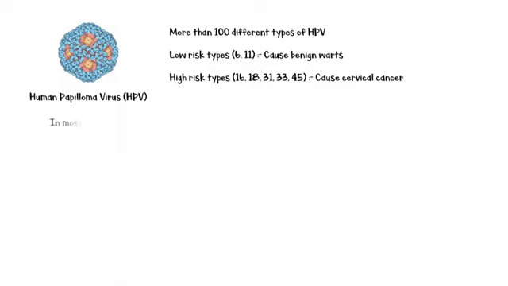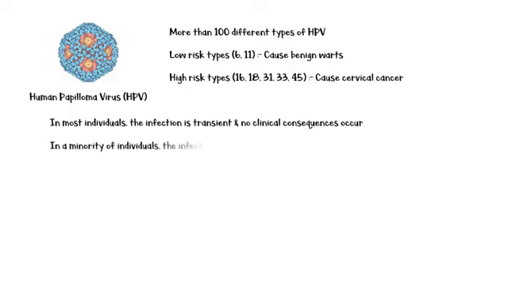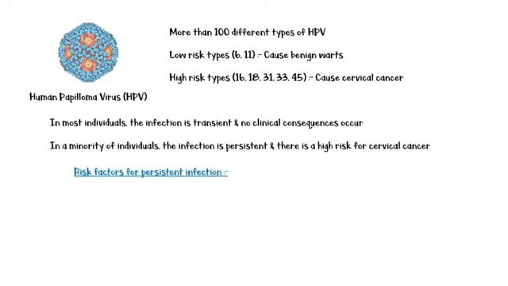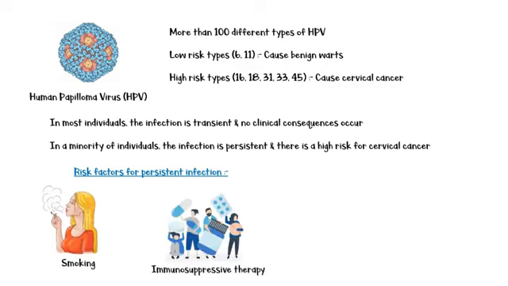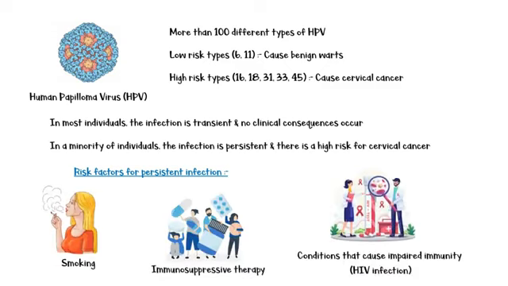In most individuals, the infection is transient and no clinical consequences occur. However, in a minority of individuals, the infection is persistent and there is a higher risk for cervical cancer. Risk factors for persistent infection include smoking, immunosuppressive therapy, and conditions that cause impaired immunity, such as HIV infection.